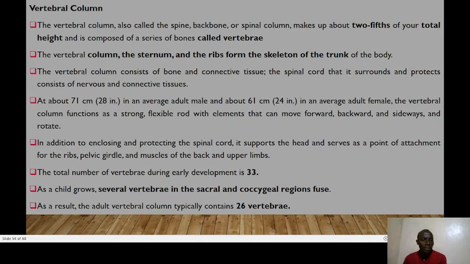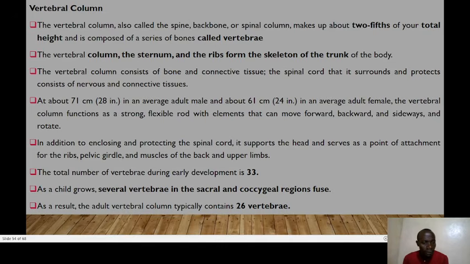The vertebral column functions as a strong, flexible rod with elements that can move forward, backward, sideways, and rotate. In addition to enclosing and protecting the spinal cord, it supports the head and serves as a point of attachment for the ribs, pelvic girdle, and muscles of the back and the upper limbs.